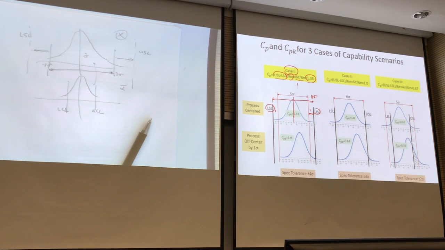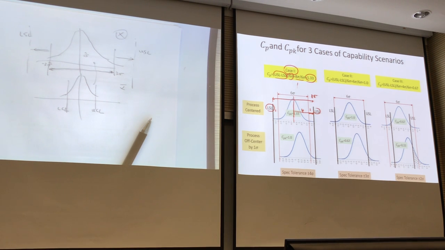Then CPK, what is CPK? Since it's symmetric, either side is okay. So this is 4 away. CPK: upper spec minus the mean is 4, and 4 divided by 3 is 1.33.